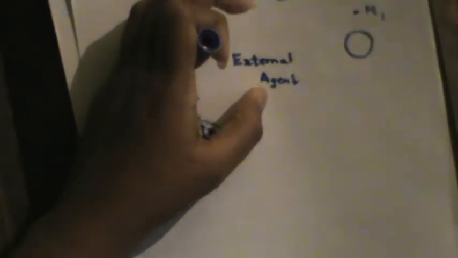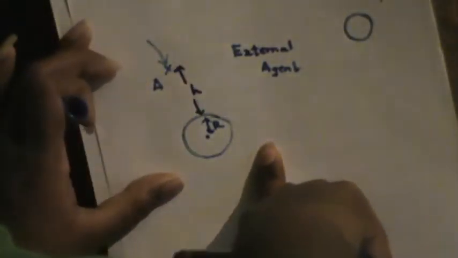So the first term is what is meant by an external agent. So an external agent is any body. Any body means any object, right? Any object or any system or anything which does some work on another system. So that's called an external agent.